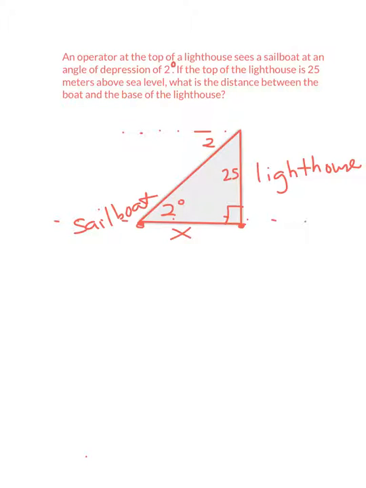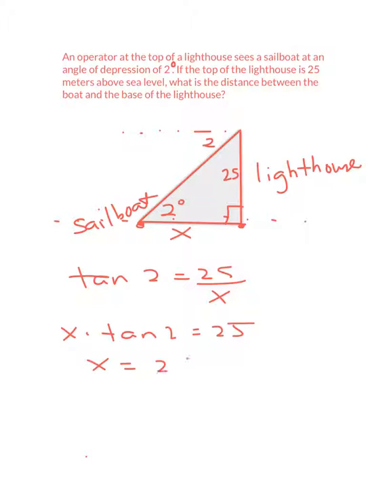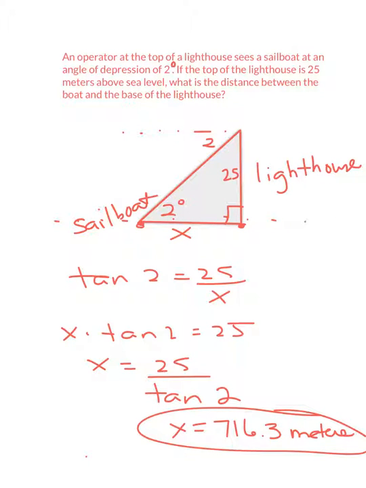That's x. So I know I have tangent of 2 is equal to 25 over x. So x times the tangent of 2 is equal to 25. x is equal to 25 over the tangent of 2. And that gives me approximately 716.3 meters. That's the distance between the sailboat and the bottom of the lighthouse.